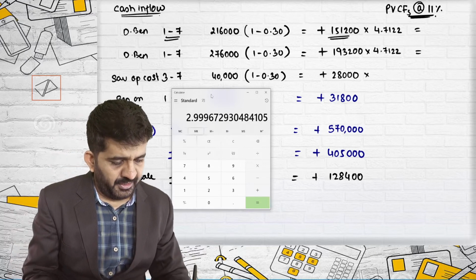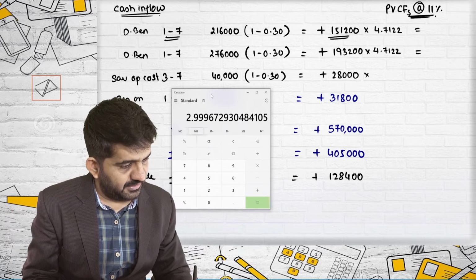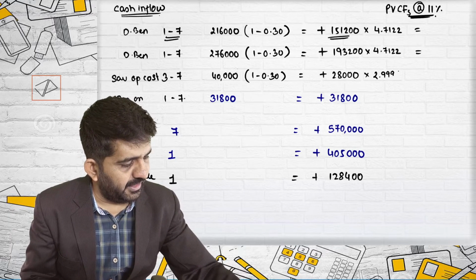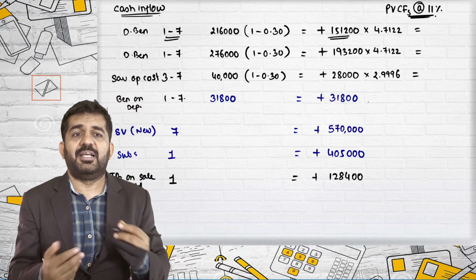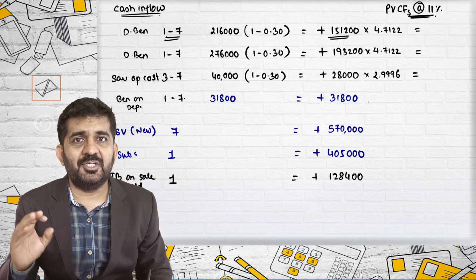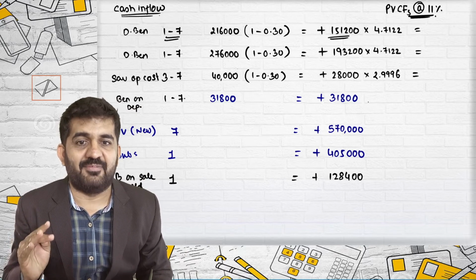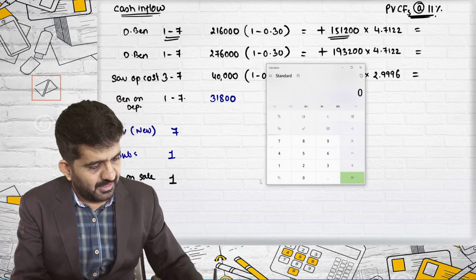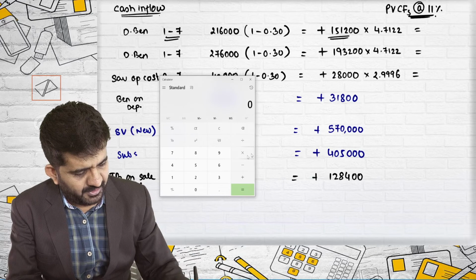It is 2.9996, approximately 3. This is the factor for the third, fourth, fifth, sixth and seventh years, 5 years. The factor is 2.9996.